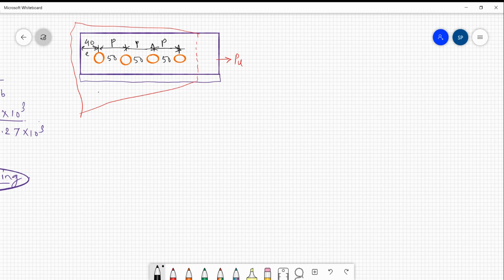The center to center distance between the first bolt and the last bolt hole in the connection will be the length of connection. Now this appears to be 150 mm. Length of connection is 150 mm. Now this is again the end distance, similar to the E value. This is 40 mm.